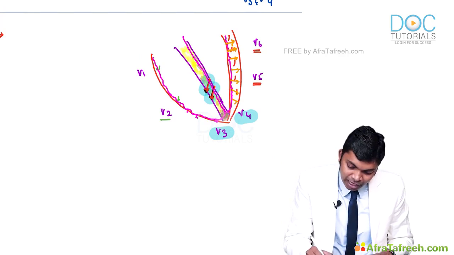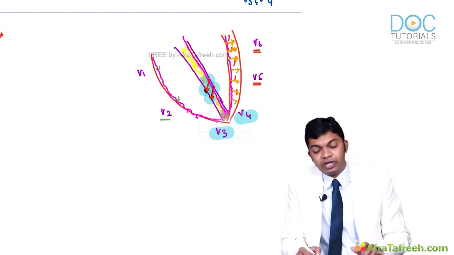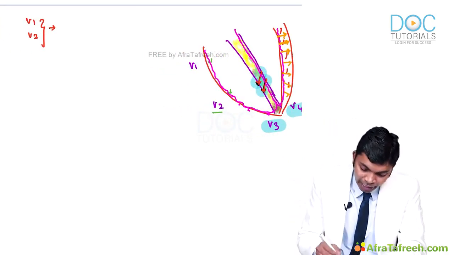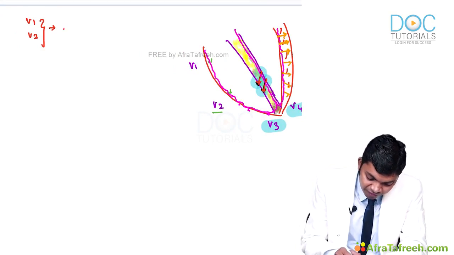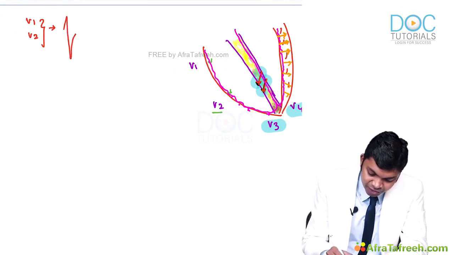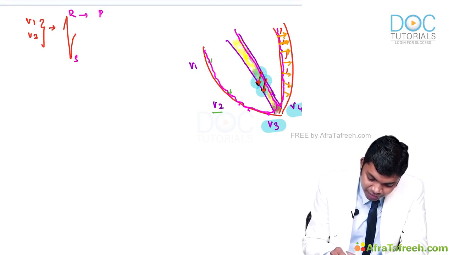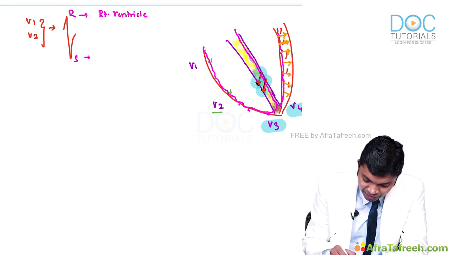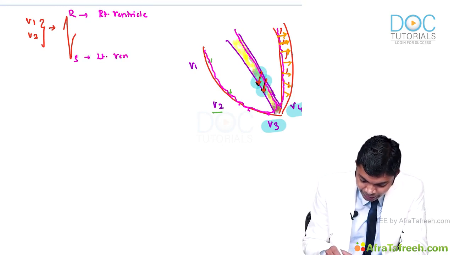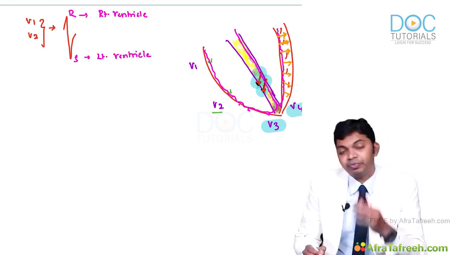And it happens away from V1 and V2. So, in V1 and V2, there is the positive R wave and the negative S wave. R wave indicates right ventricle, S wave indicates left ventricle in V1 and V2.